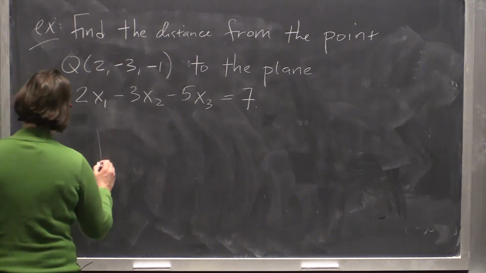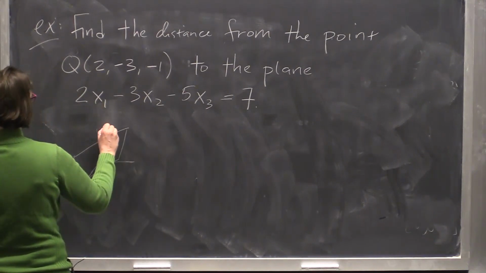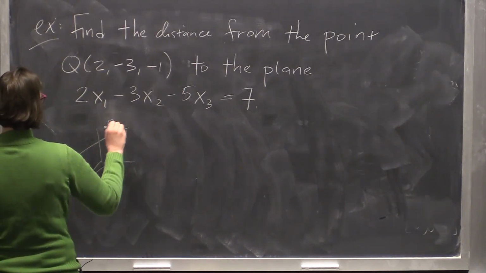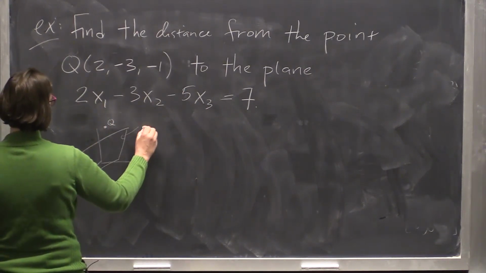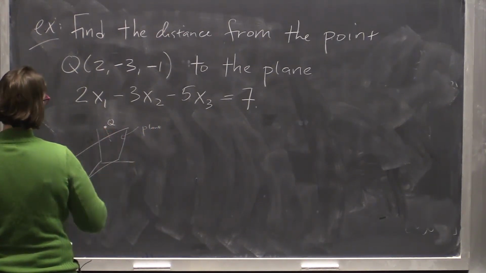So we have some plane in 3 space, and we have a point. So here's the point Q, here's the plane, and we're trying to find the distance.